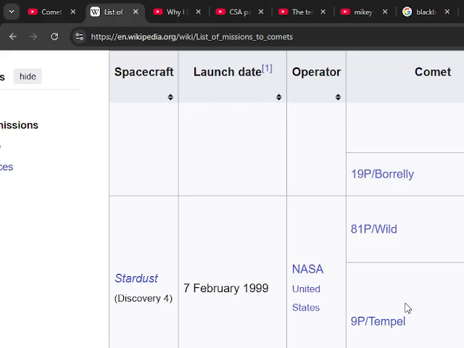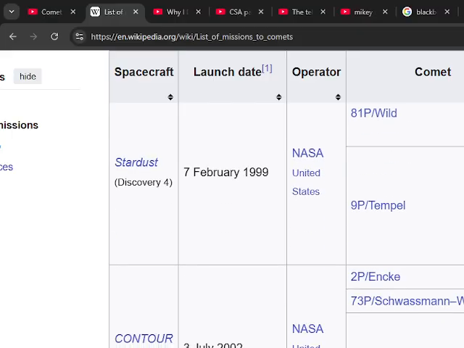There's Stardust, which was launched in 1999 to 81P and 9P Tempel, and they were successful. And they were measuring a crater left by Deep Impact in one of those.